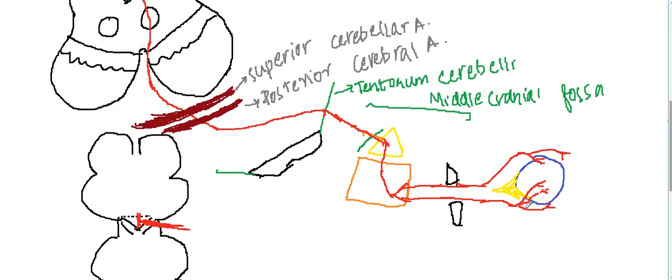The nerve to the inferior rectus gives a parasympathetic motor root to the ciliary ganglion located in the posterior part of the orbit. So this is the ciliary ganglion located in the back of the orbit. These are preganglionic parasympathetic fibers.